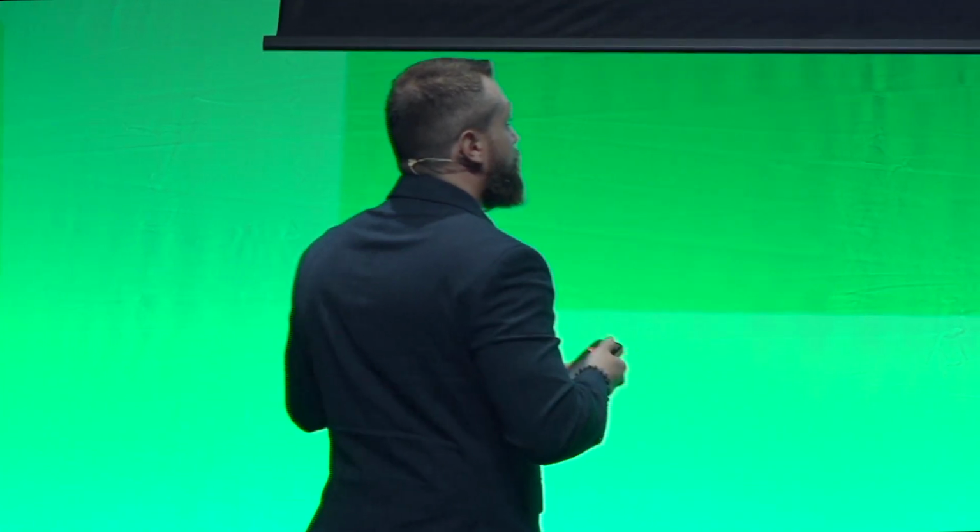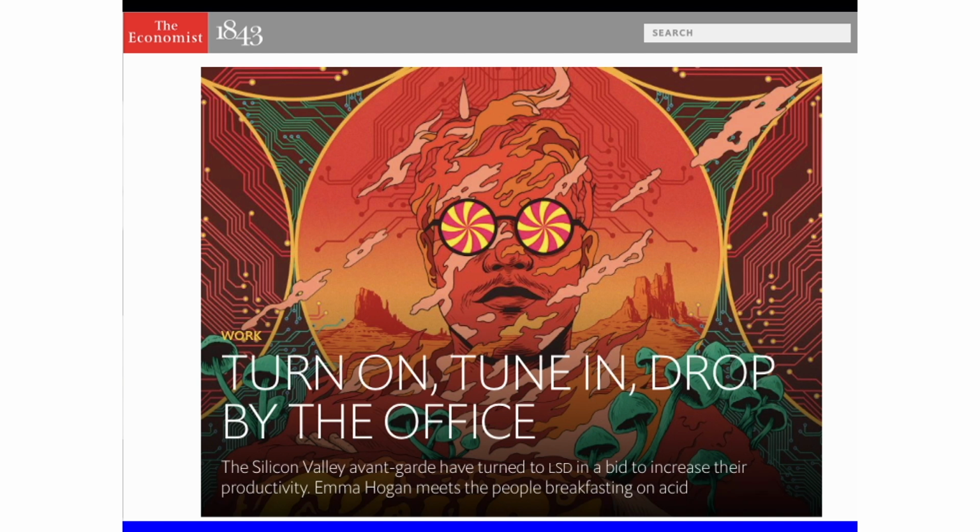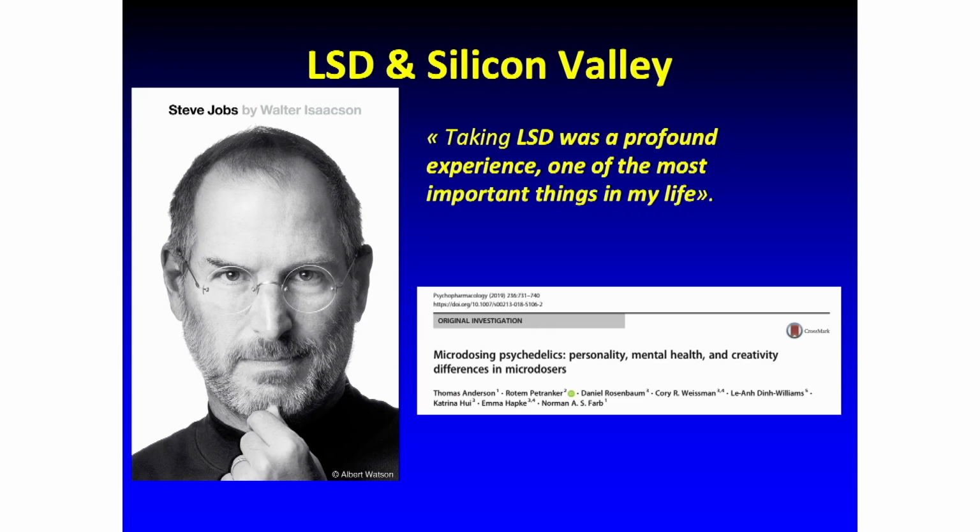We became pretty fascinated by this molecule. When I started to work on it, it was 2014 and I was doing my postdoc in Canada. We heard about the fact that different professionals and entrepreneurs in Silicon Valley were taking low doses of psychedelics, particularly LSD, to boost their creativity, empathy, and social behavior.